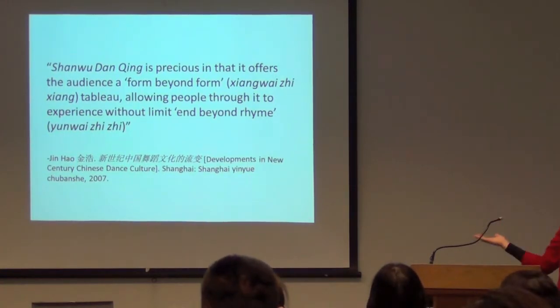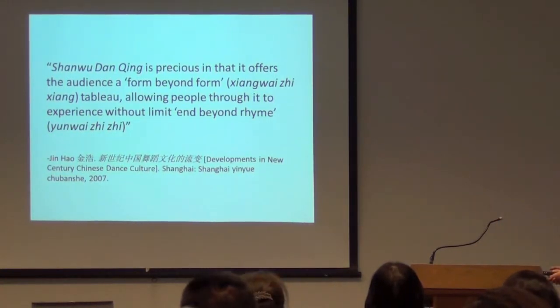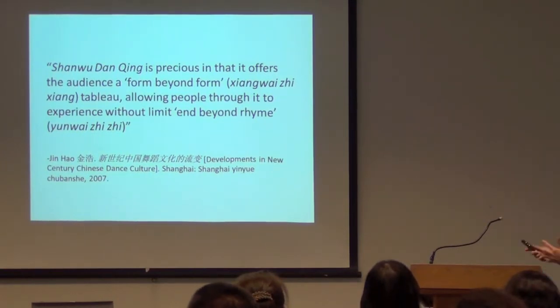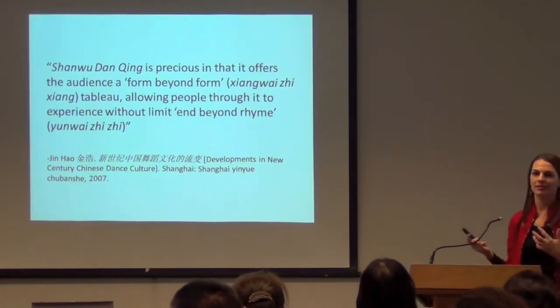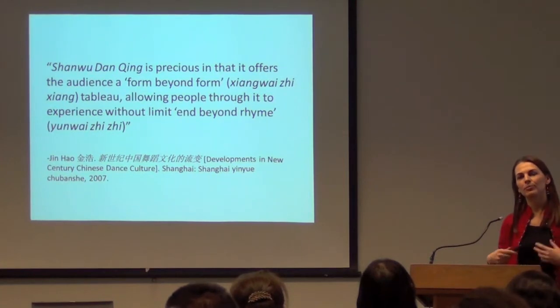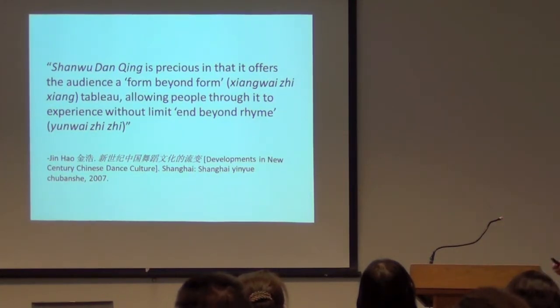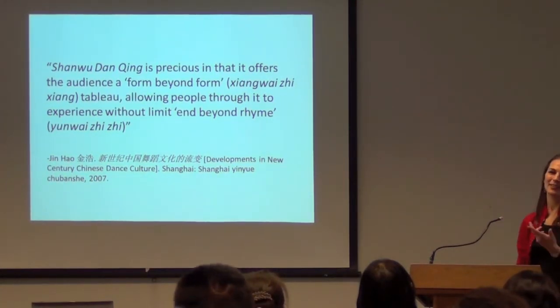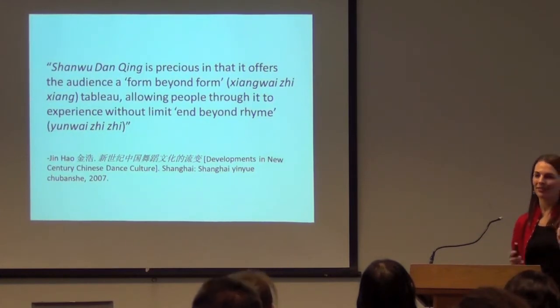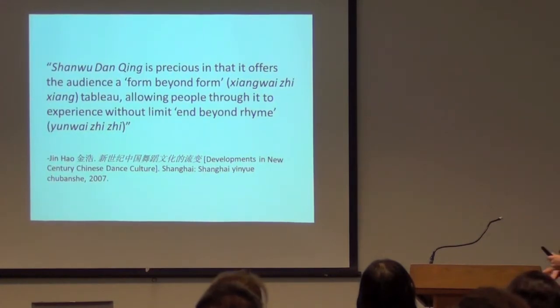So he uses the xiang, or the image, and the yun, or the rhyme, in his explanation. And he's also quoting these Taoist philosophical elements. To really understand Chinese classical dance, you almost have to understand all these different types of poetry, painting, philosophy, just even to make sense of how people are talking about the works themselves.